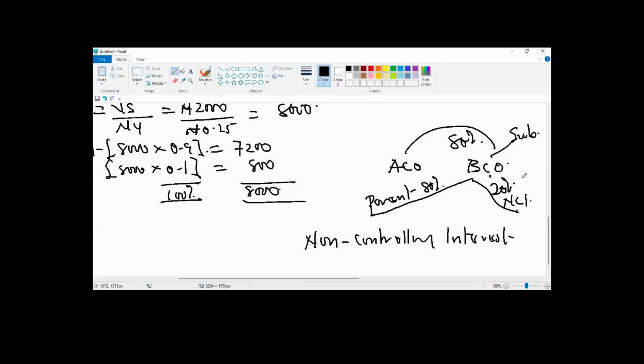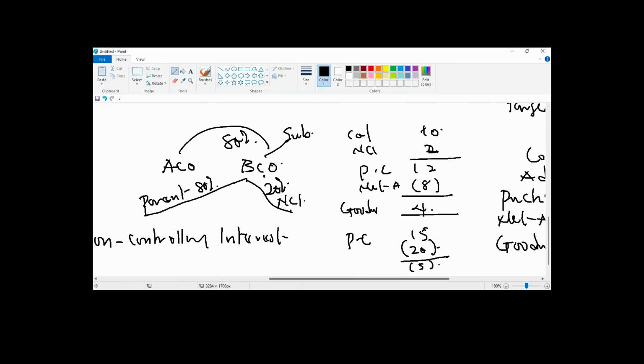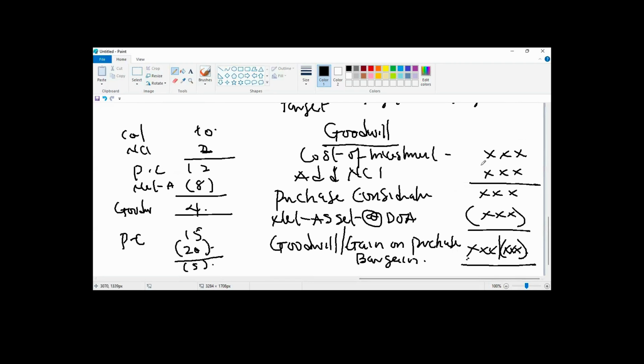Percentage is 20%. Percentage is not value, it's not a number. It's just the percentage of the shares. We can now know the number of shares held by the NCI and the value of the NCI. And we are interested in the value, because it's the value I will add to the cost of investment to give me purchase consideration.